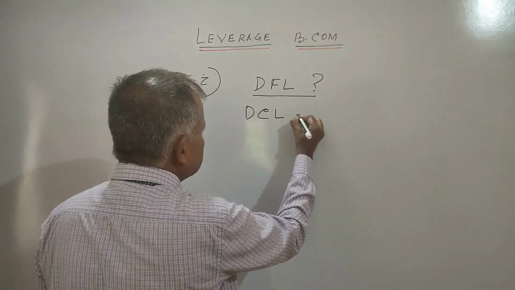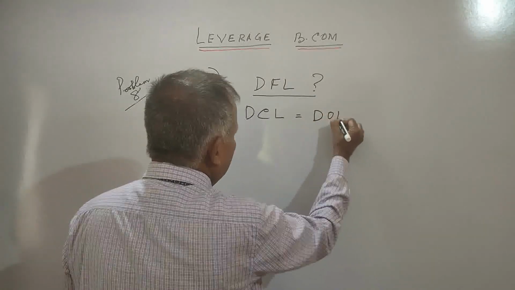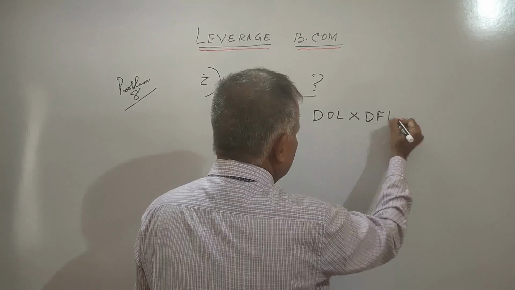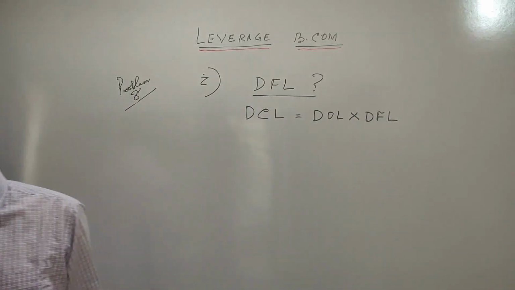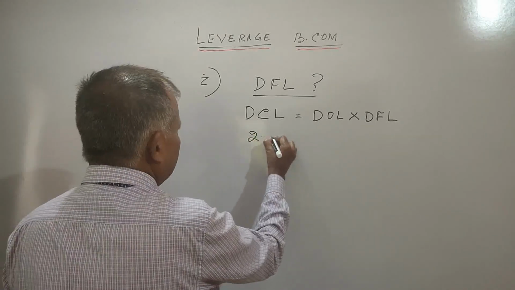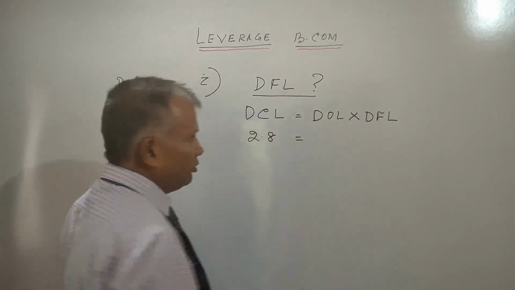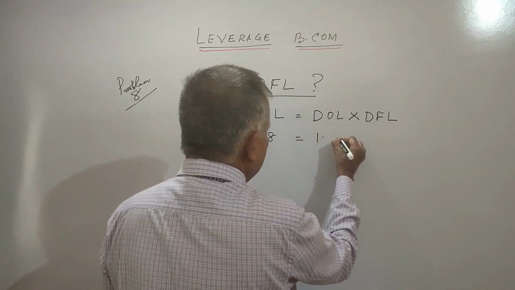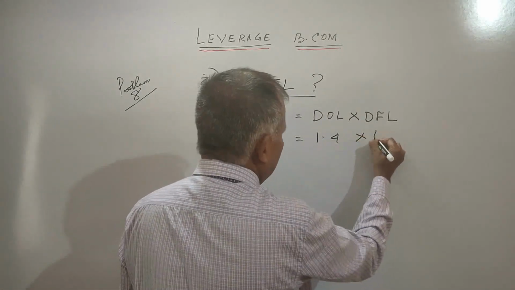We know that DCL is equal to DOL into DFL, right? And DCL is given as 2.8, and DOL, degree of operating leverage, it has been given as 1.4.